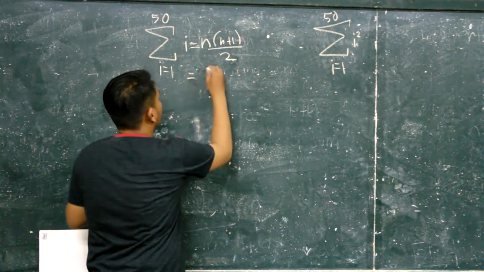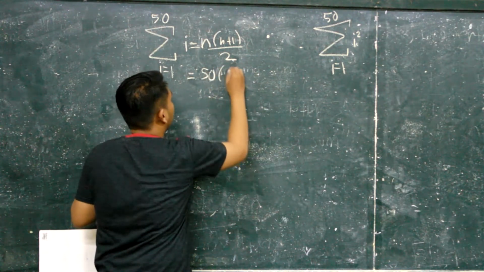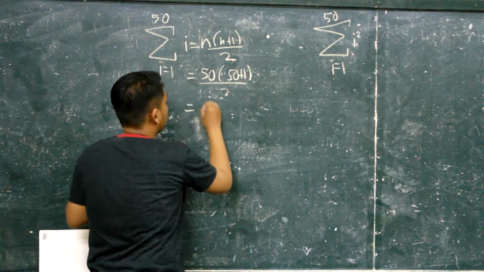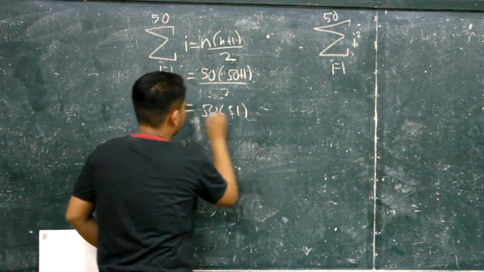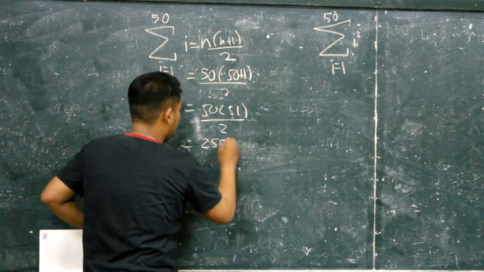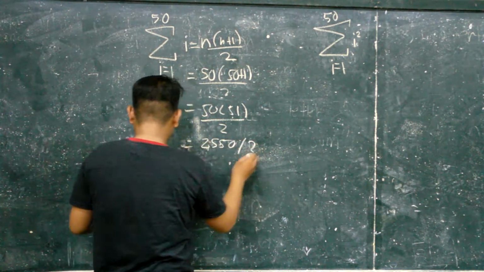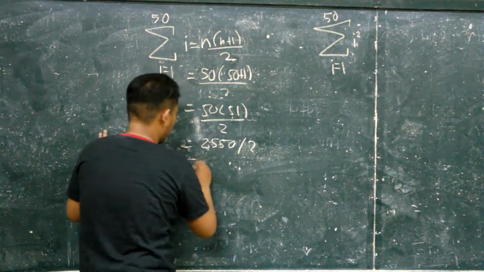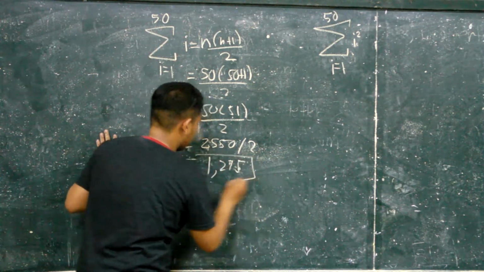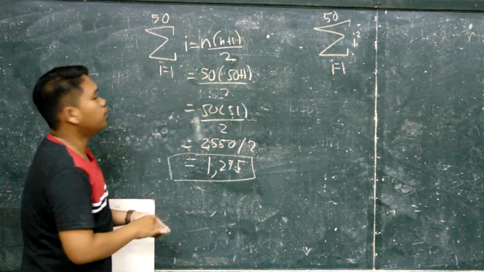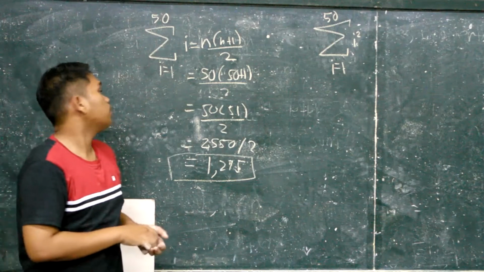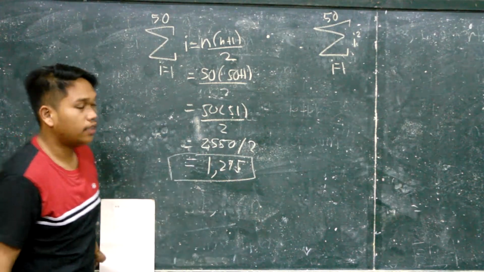It's equal to 50 times (50+1) all over 2. 50 times 51 is equal to 2,550. 2,550 over 2 is simply 1,275. So the summation of i from i equals 1 to 50 is 1,275.